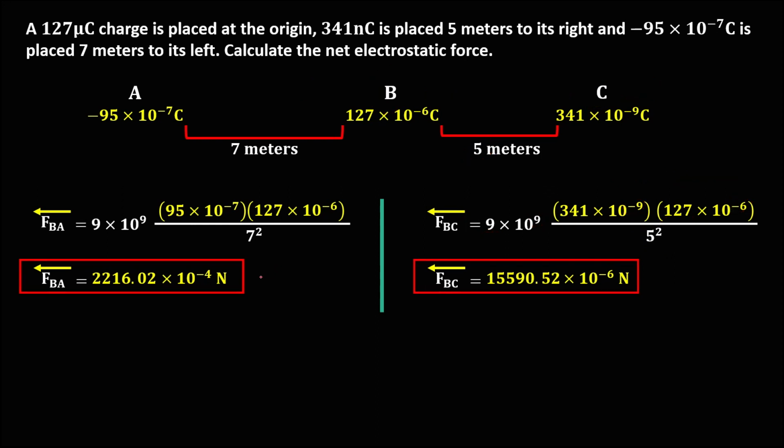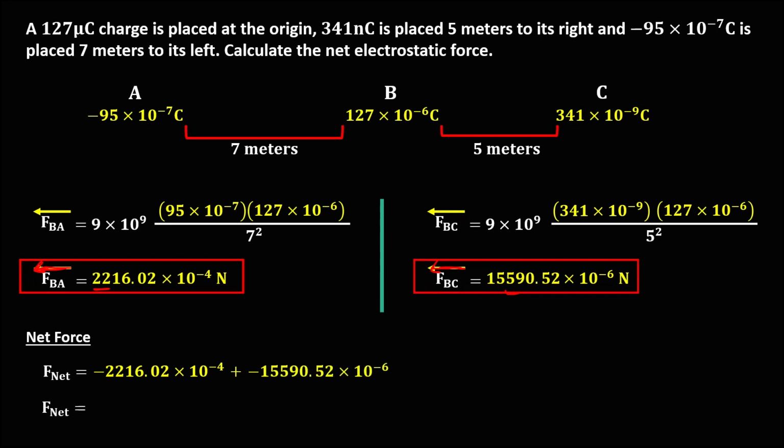Then since we now have the two forces, we can find the net force by adding these two forces. Since the force between B and A is to the left, this force becomes negative, then plus the force between B and C, the direction is also to the left, so this force is also negative.